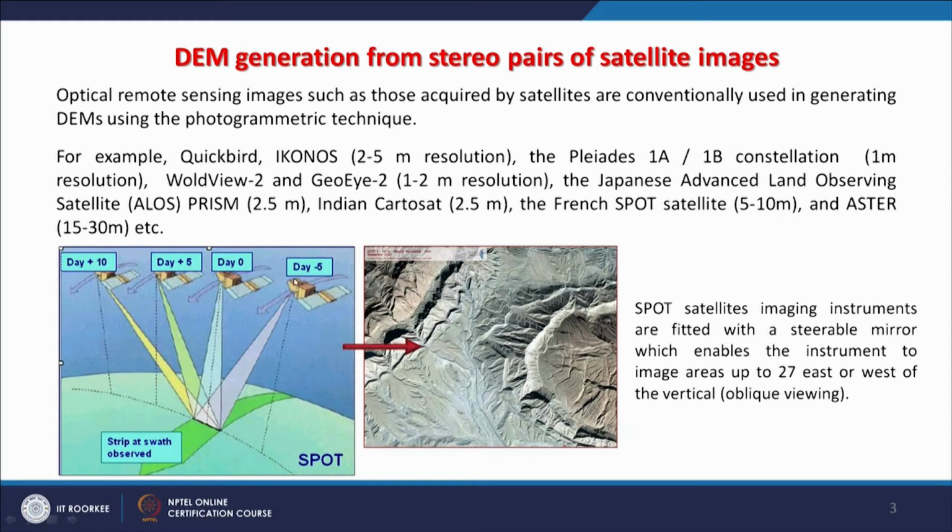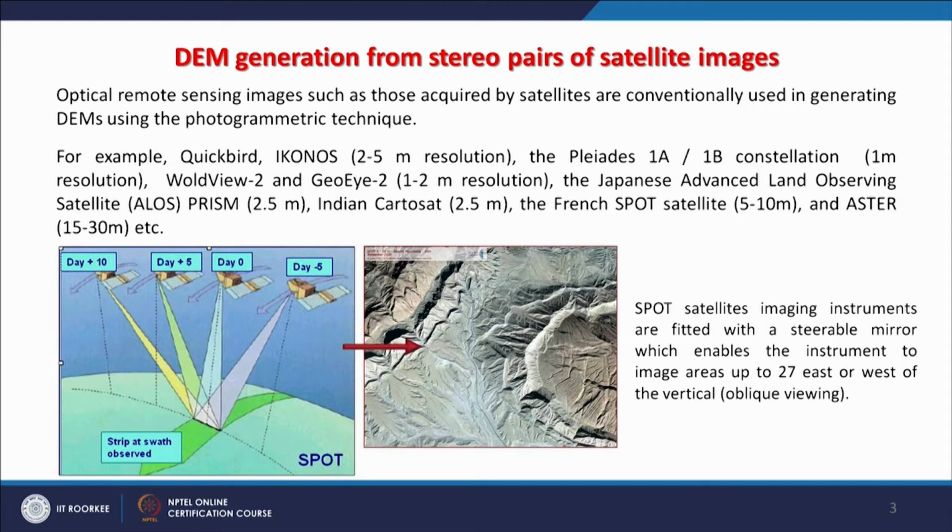On day 0 it is scanned, 5 days after day 0 the same area is scanned again, and so on. Now we have two data sets. We may create a stereo pair, and then employing photogrammetric techniques, we can develop a digital elevation model.